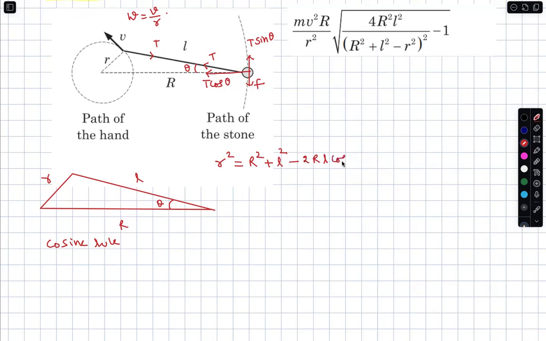This is the cosine rule. Actually, if you are applying Lami's theorem, you are applying the sine rule: A by sin A is equal to B by sin B is equal to C by sin C. This is the cosine rule.